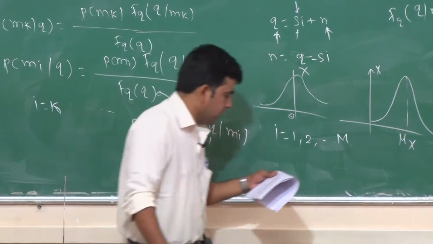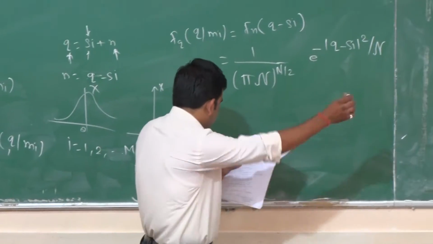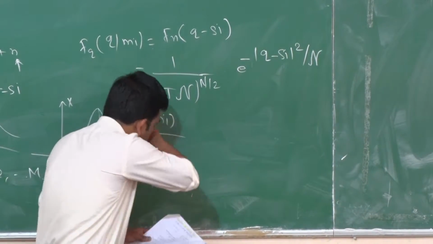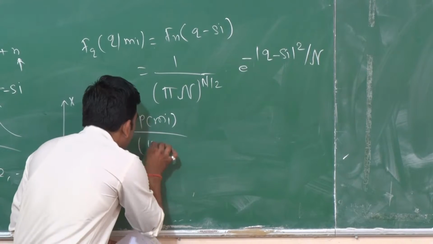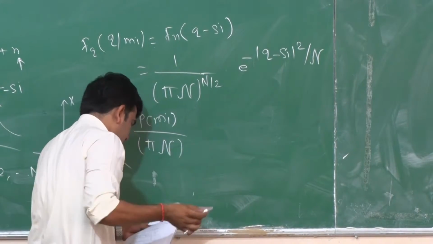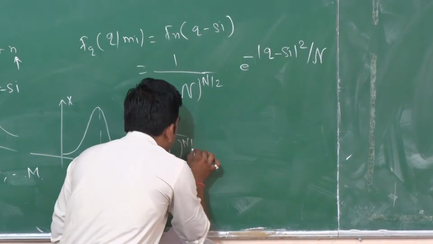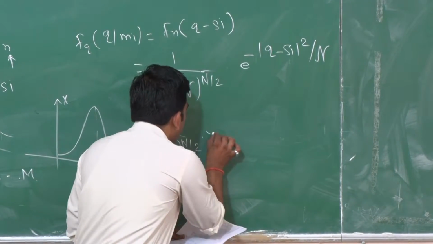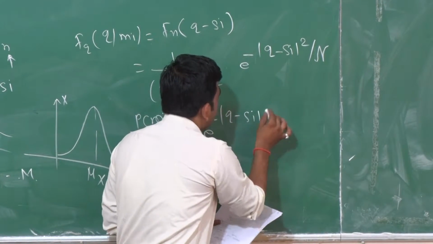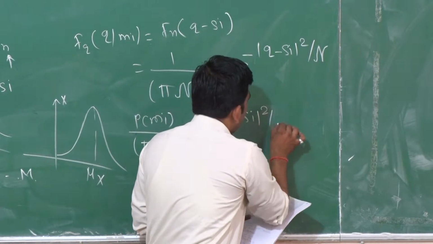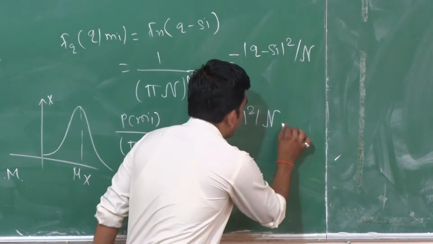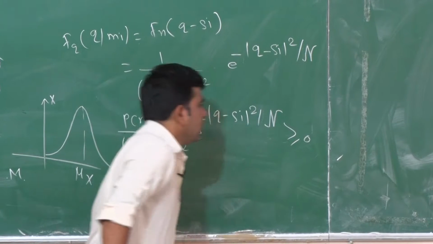We get the decision function as probability of mi divided by pi into italic N raised to capital N by 2, into e raised to minus q minus si square divided by italic N. Is it clear?